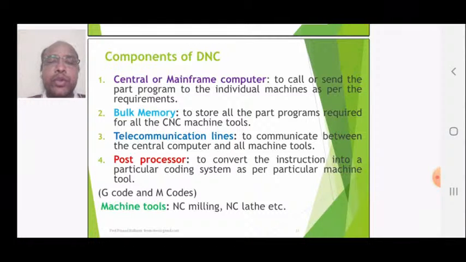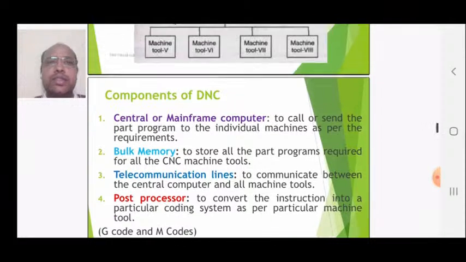Telecommunication lines, to communicate between the central computer and all machine tools. Post processor, to convert the instruction into a particular coding system as per the particular machine tool. For this purpose we require G codes and M codes to write a part program. Machine tools used in DNC systems are NC milling or NC lathe.